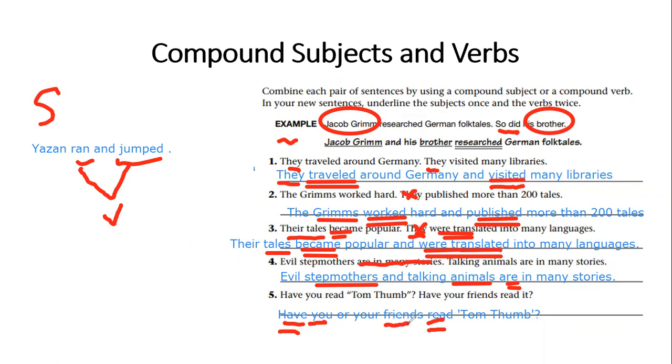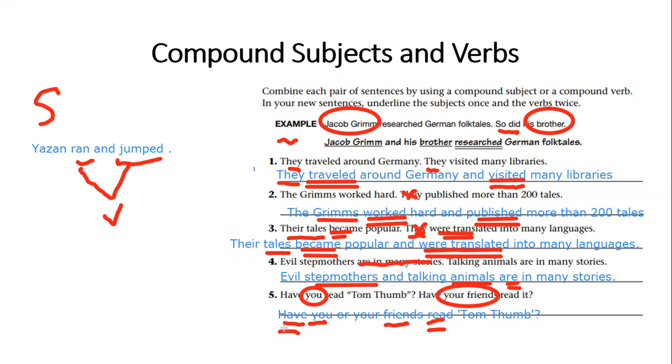So let me check what we did here. In the sentence, we are having a subject which is you, and also your friends. So this is how we connected it. We made a compound subject. "Read it" is referring to Tom Thumb, and as you see here, we have read Tom Thumb, so we don't have to repeat "read it."